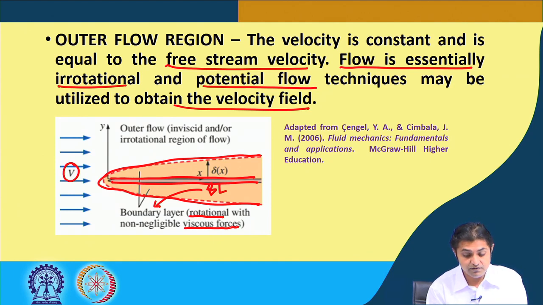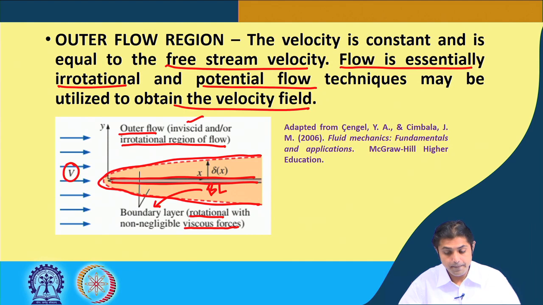So, viscous forces will exist in this region, and the region outside is the outer flow, where the flow is inviscid, there is no viscosity or friction, and we can consider an irrotational region of the flow here.